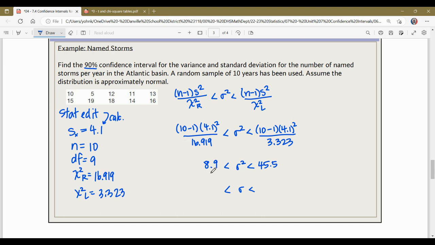Now if I square root these values, I'm going to get 3.0 and 6.7. So the top one is my variance, and the bottom one is my standard deviation. All right, so there's my answers.